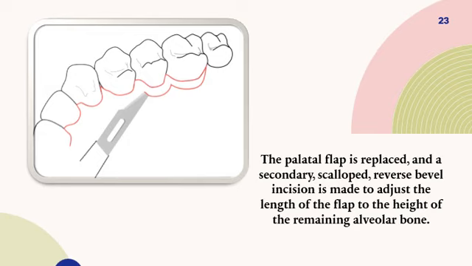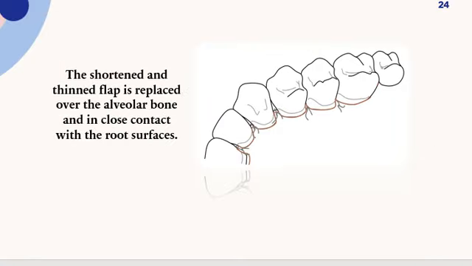So we make the subgingival incision at the end of the surgery after we've established where the remaining alveolar bone height is placed. It's why it's called the secondary reverse bevel incision, which is also scalloped so that the interdental bone is not exposed at the end of the surgery. The shortened and thin flap is replaced over the alveolar bone and in close contact with the root surfaces.